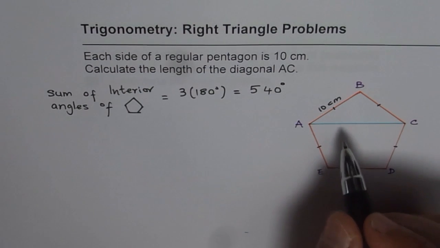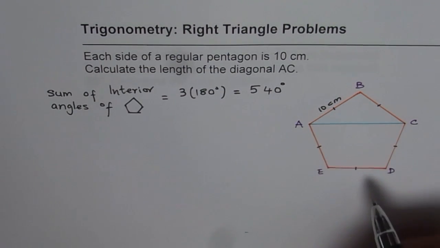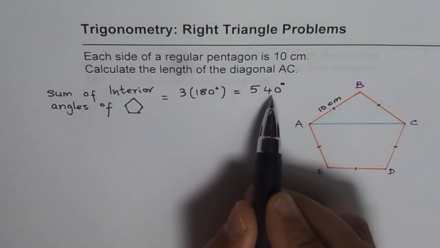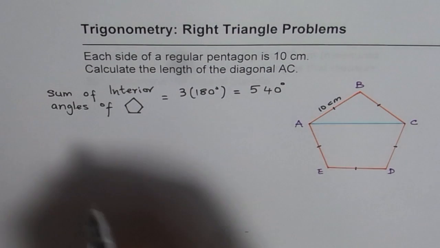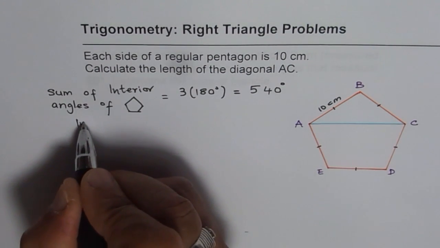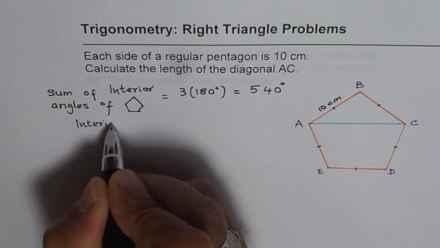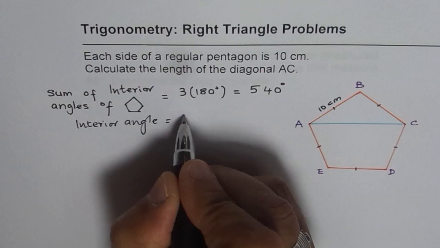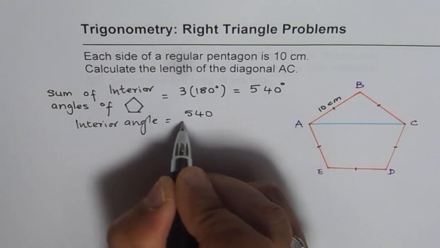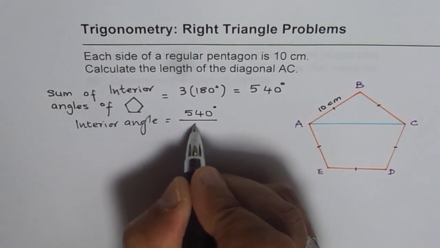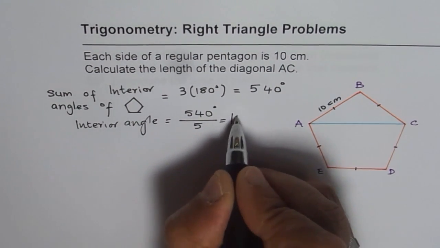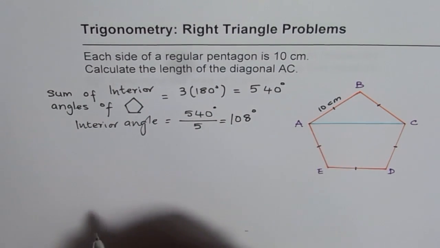Now, how much should each angle be? Each angle should be 540 divided by 5, right? So the interior angles will be 540 divided by 5, which gives us 108 degrees.